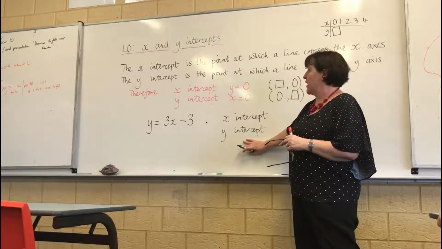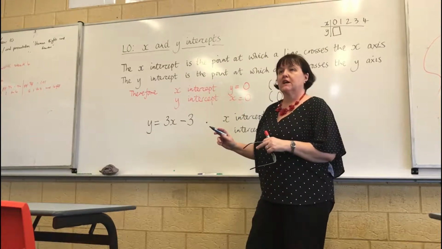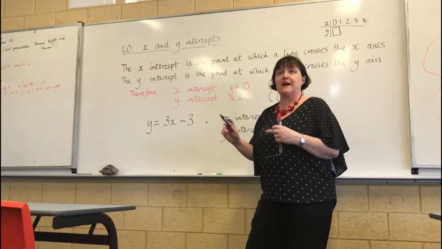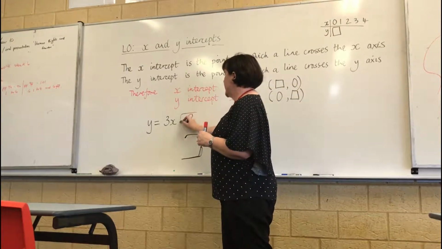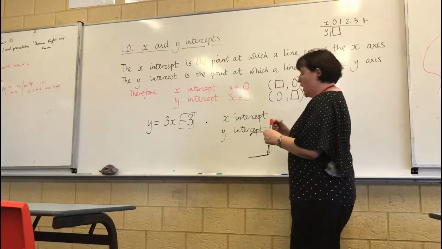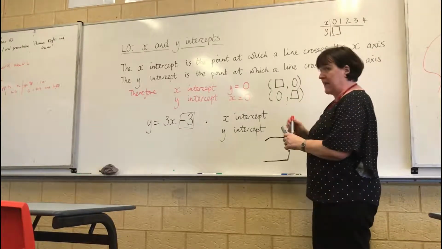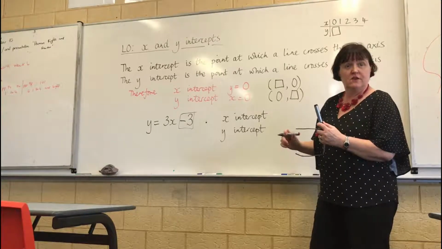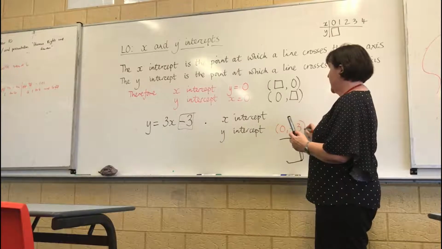So which part of the function here relates to the y-intercept coordinate? The constant. Yeah, the constant, the -3. That's right. So the y-intercept is going to be what? 0, -3. That's right. 0, -3.